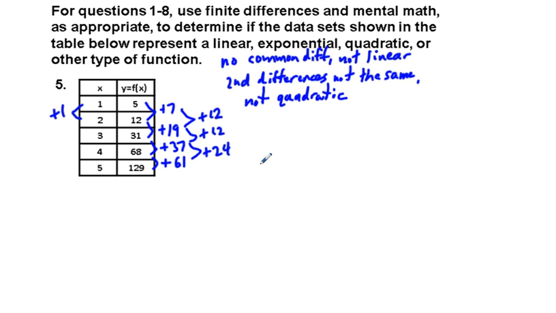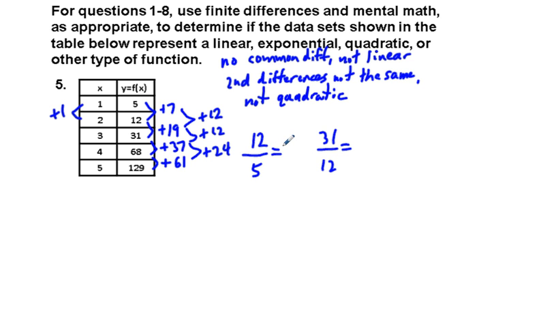And we are certainly not going to have common ratios on this business. You know, do 12 over 5. Okay, is that the same as 31 over 12?